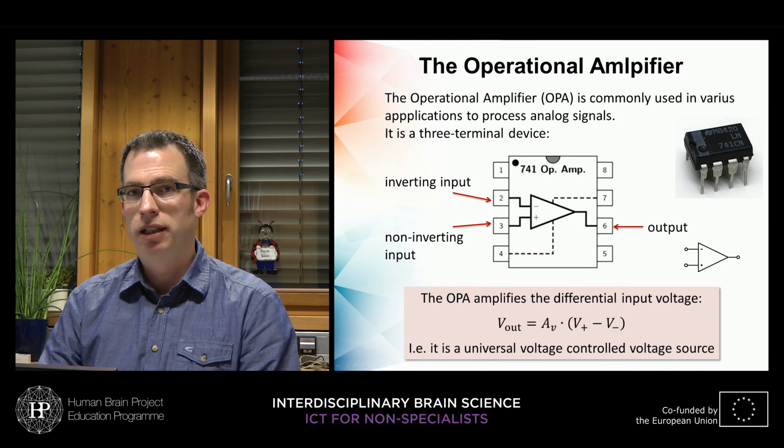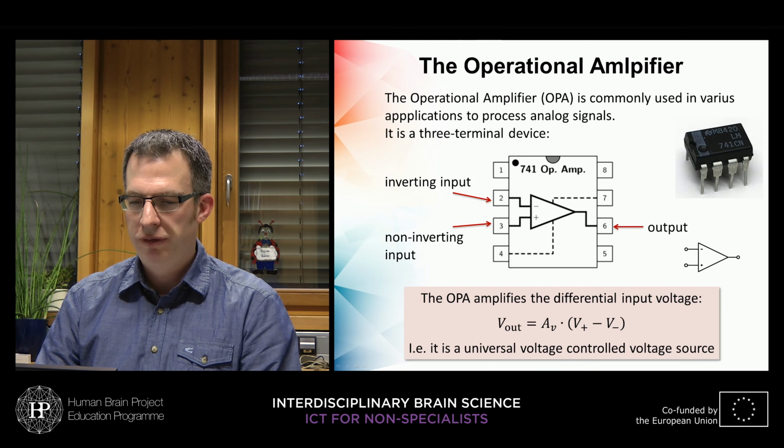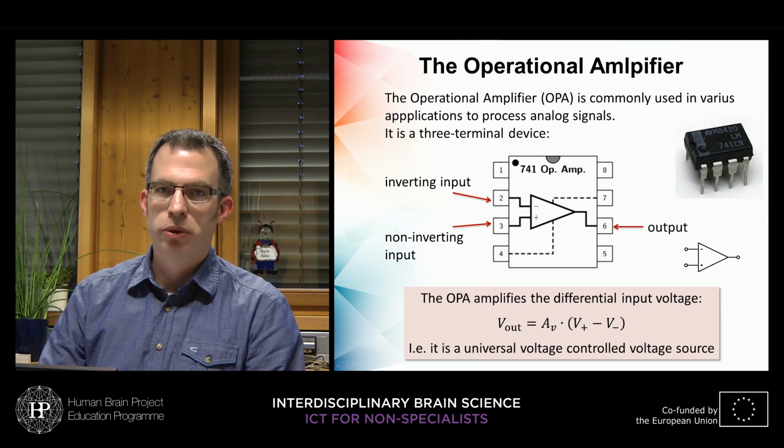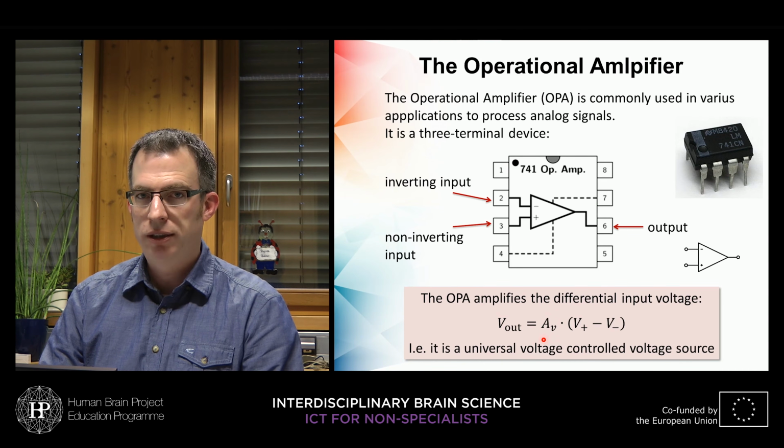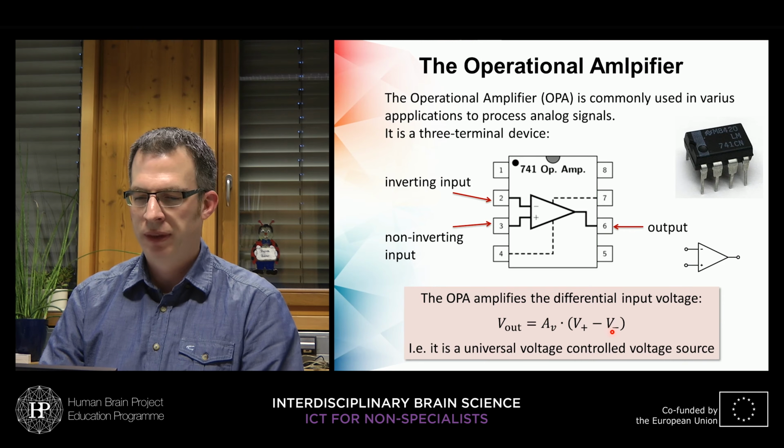And what the amplifier does is to amplify the differential input voltage. That's what I've written down here. So the output voltage is the product of an amplification factor times the difference of the non-inverting input minus the inverting input voltage.